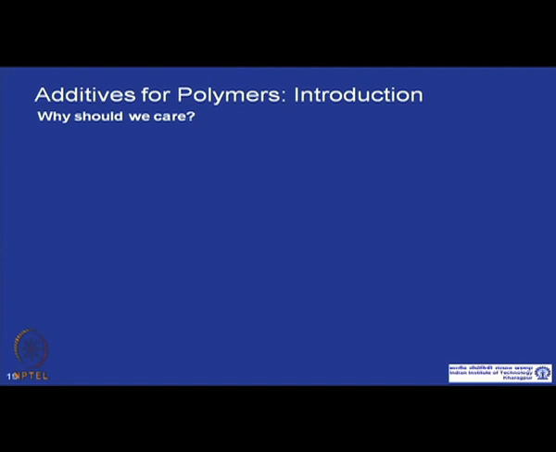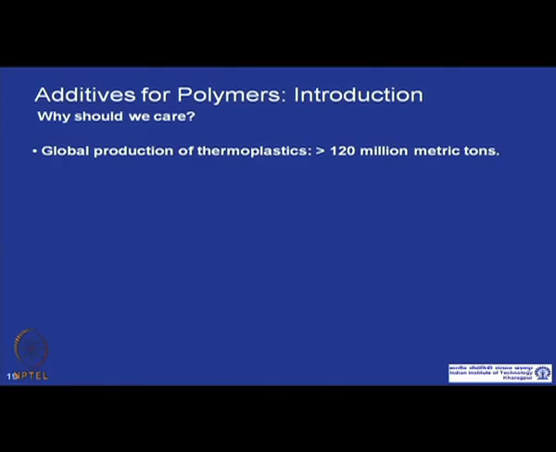Now, let us first understand why we need to add additives in polymers. Why should we care at all? If you look at the production of thermoplastics alone, there are over 120 million metric tons.